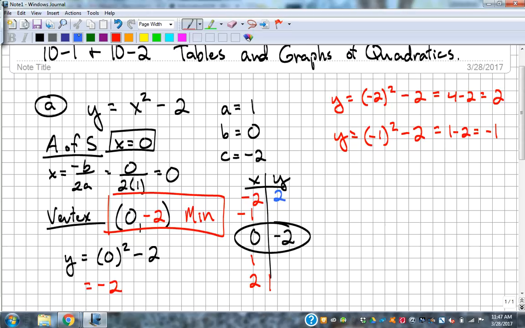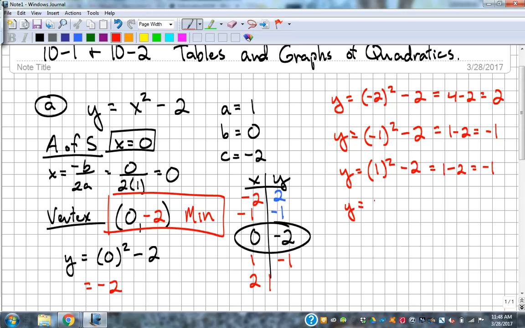So the y value that goes with -1 is -1, which happens to be the same number. Not always going to be that way. And then I'm going to go down. I've already got 0, -2 worked out. I don't have to work it out again. I'm going to go down here and work out +1. Plug that in. That ends up being 1 minus 2 again, which is still -1.